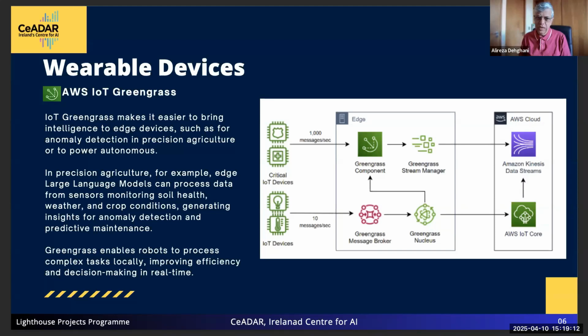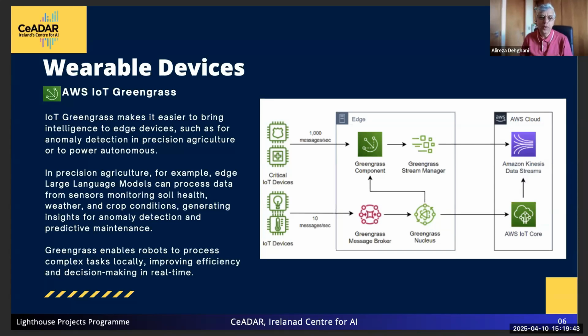So it is no wonder to see and to understand how AWS can use large language models to do something with edge devices. The product is actually AWS IoT Greengrass. How does it work? It is a service that helps smart devices like sensors, robots, and farm tools to think and act locally. It is very interesting, isn't it?